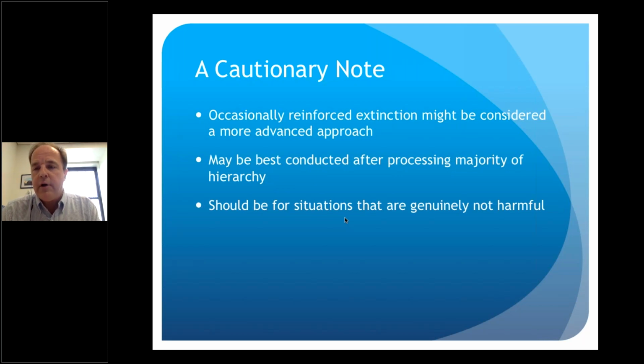And so her fears have to do with actual bona fide harm coming to her. And so occasionally reinforced extinction is probably not appropriate for something like that. So we just have to give some thought to circumstances where this is one that you might rightly practice. It's probably one of the few in those 8 that I listed before where this is something that we have to have as an important additional consideration.